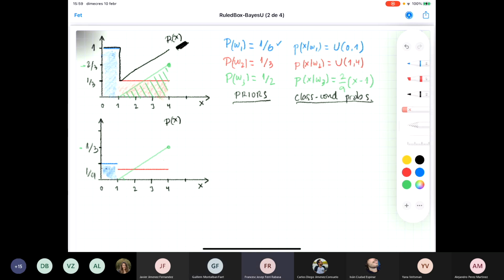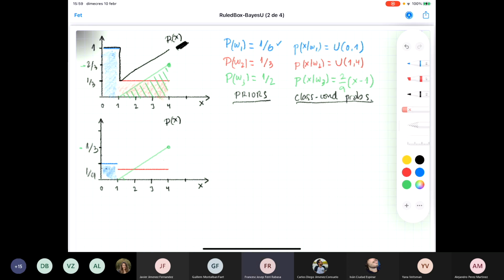Well, yeah, but the thing is that what we have plotted here is just the sum of the conditionals, while the correct definition is the sum of the weighted conditionals. So it's not the sum of the above, it's the sum of the new ones.